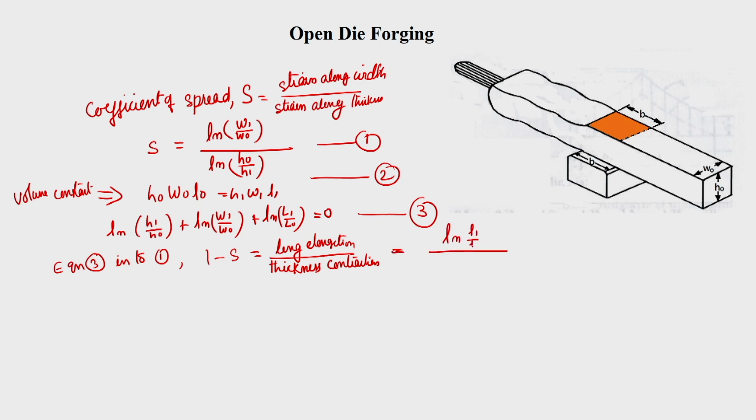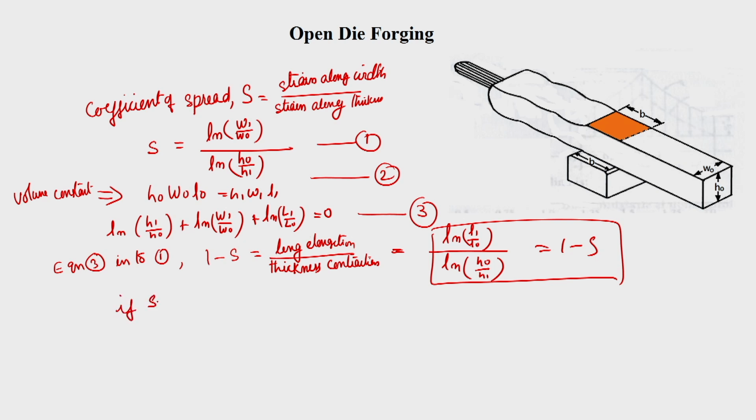That is equal to log L1 by L0 divided by log H0 by H1. So, this relationship is equal to 1 minus S. In this expression, if S is equal to 1, then all the deformation is itself a spread, spreading is there.